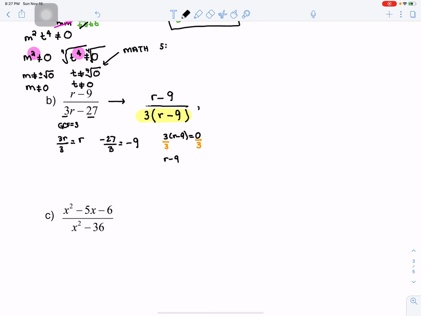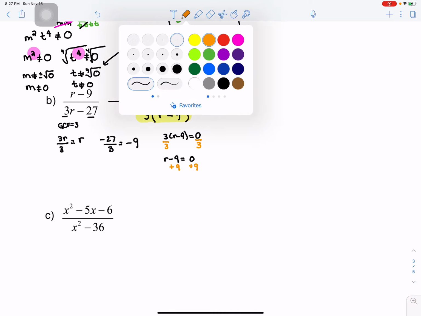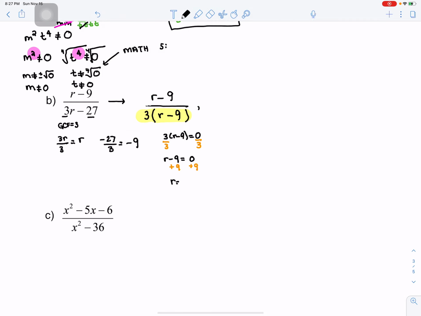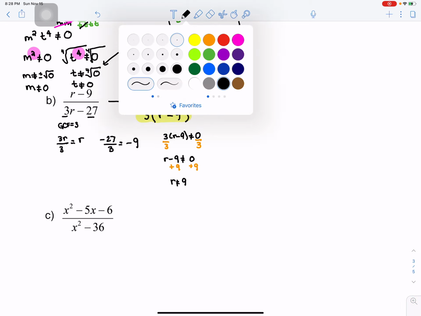R minus 9 equals 0 divided by 3 is 0. I want to get the R by itself, so I'm going to add 9 to both sides. So R is equal to 9. So what I'm going to do is come back and put not equal to. R is not equal to 9, because if it equals 9, then I'm going to get a 0 on the bottom.